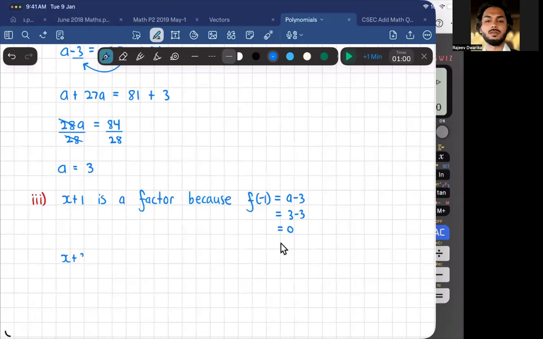And x plus 3 is a factor because, why, Serena?